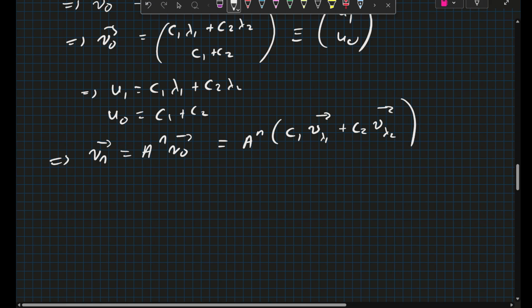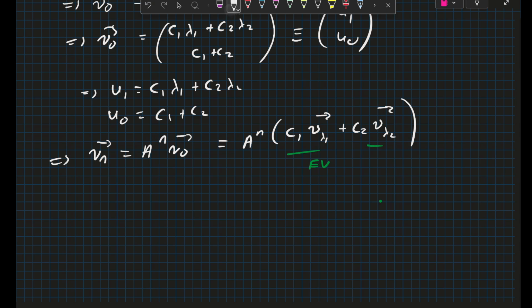Now, because each of these are eigenvectors, they will follow the property that a matrix times the eigenvector, so the matrix multiplication, is the same as the scalar multiplication, given that lambda is our particular eigenvalue.